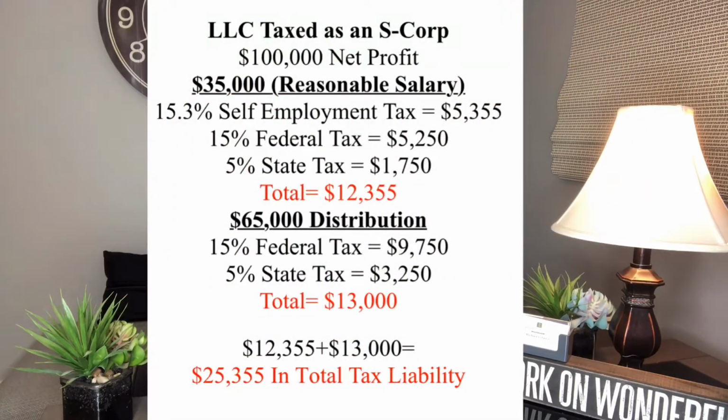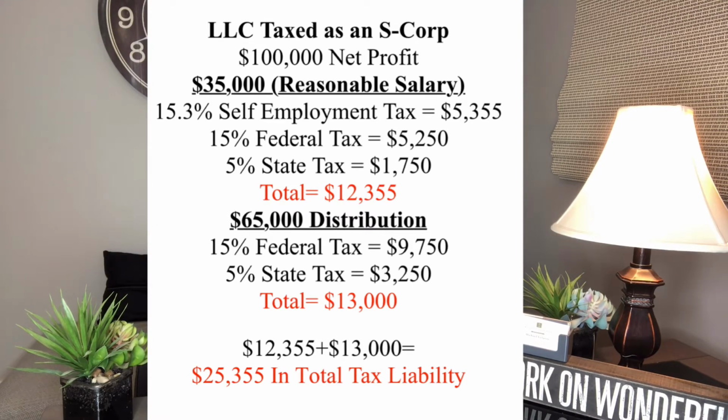Okay, so now let's take a look at what the S-Corp would be paying in taxes if they drew a reasonable salary. The IRS dictates that we have to give a reasonable salary, and that prevents us from taking all of the profits as a dividend or a distribution. So for an S-Corp, same example, $100,000, you take a $35,000 salary, and that salary is taxed with the self-employment tax.